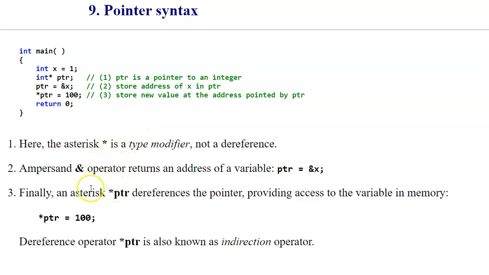Again, asterisk and ampersand are the two operators that are often used with pointers, but with just one warning here.